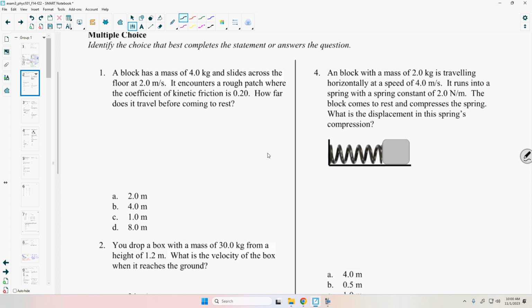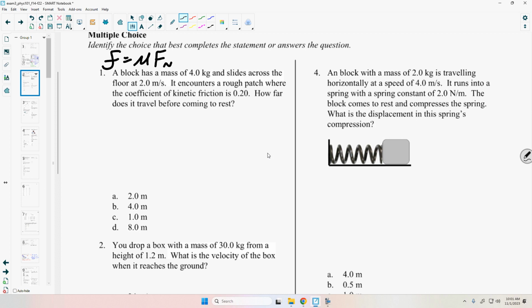In fact, this one reminds me that there are a couple of equations that you need to know, but you do not have. I think that you probably do know them. One of them is the equation for friction. The frictional force is equal to mu times the normal force.